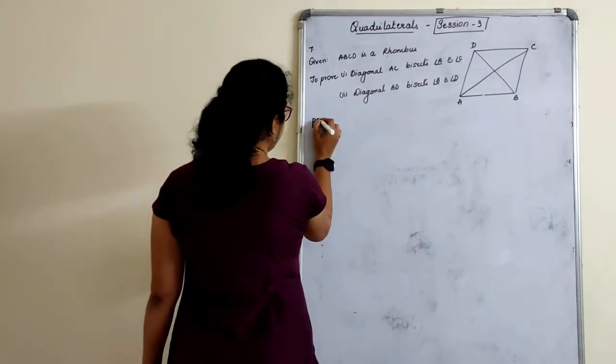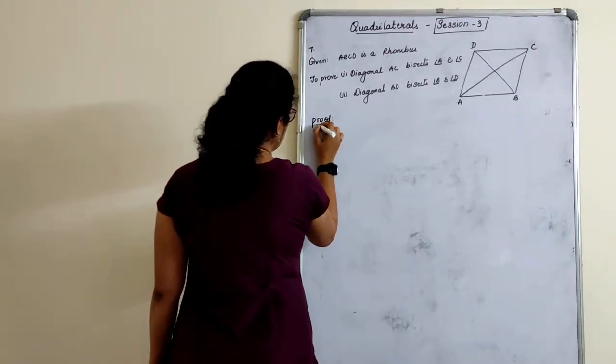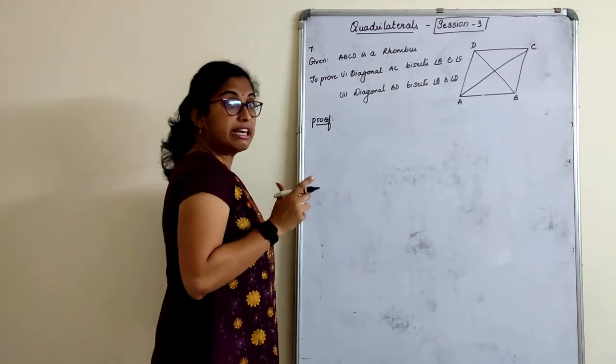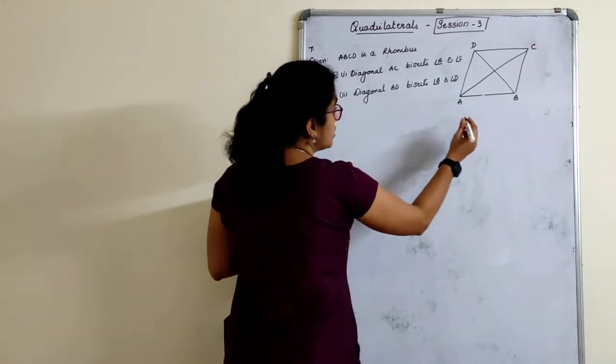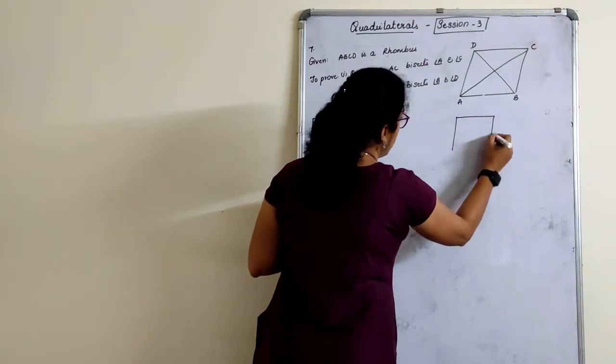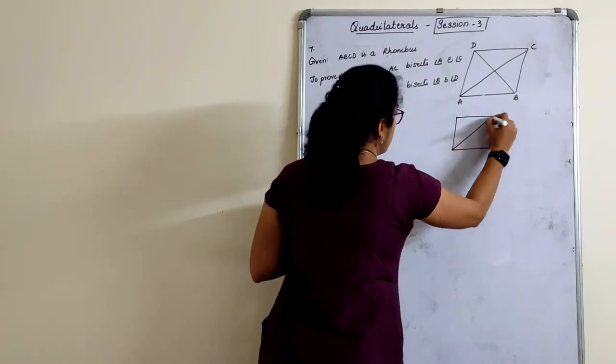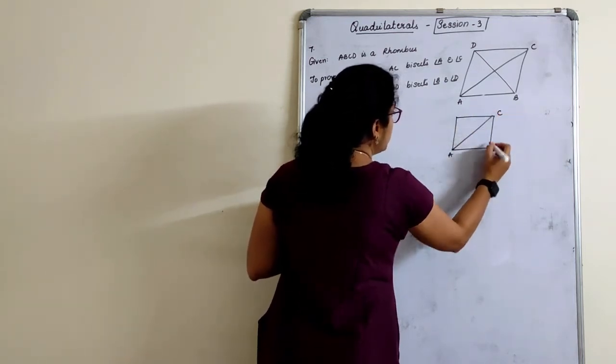Proof: we will do this by congruency, but you need to be very careful in choosing the parameters in congruency here. So let's redraw it for the part which we want. I'll consider AC as the diagonal.